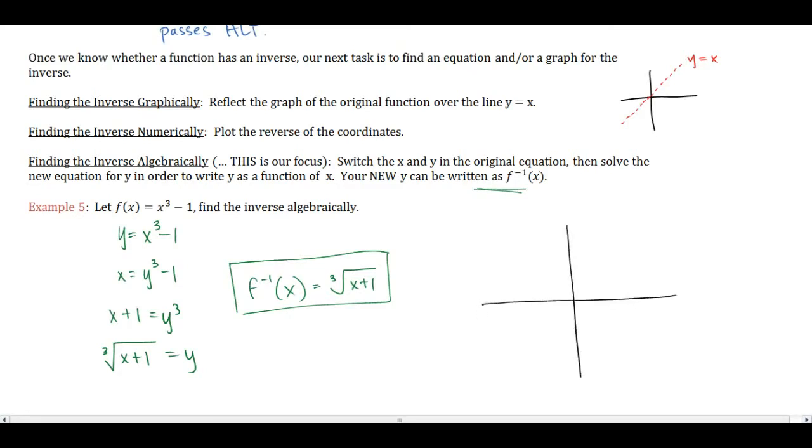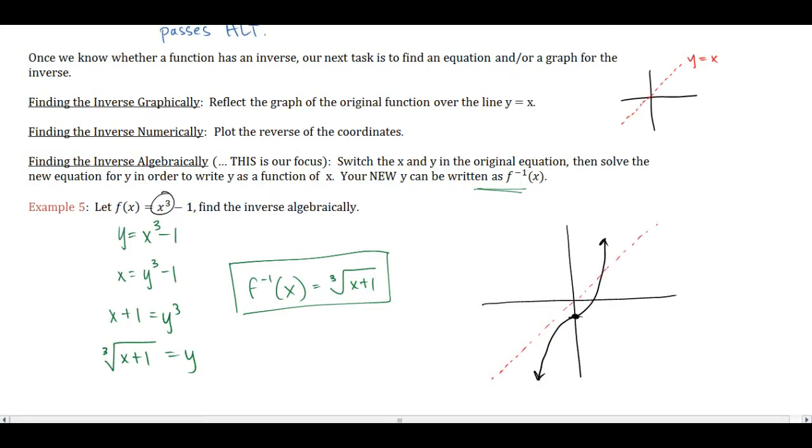The original one we'll do in black. So the original one was a John Travolta graph, down 1. So I go down 1, and I make my up on the right and down on the left for John Travolta, and we're golden, right? Now reflect that over the red line, which I usually do after, but I'm going to try to see if I can be visual.